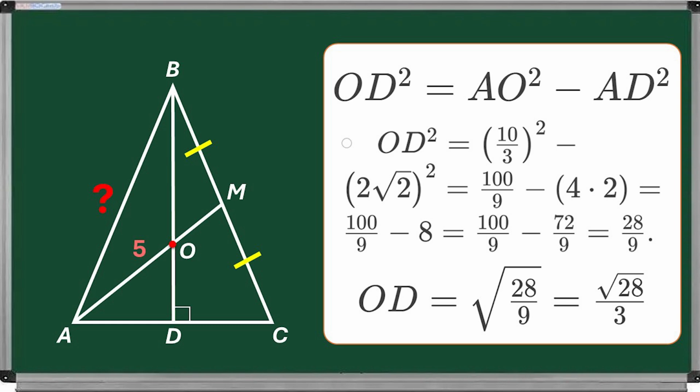We calculated AO as 10/3 and AD as 2 square roots of 2. Squaring 10/3 gives 100 over 9. Squaring 2 square roots of 2 gives 8. Subtracting 8 from 100 over 9 gives 28 over 9. So OD is the square root of 28 over 9, which simplifies to the square root of 28 over 3.